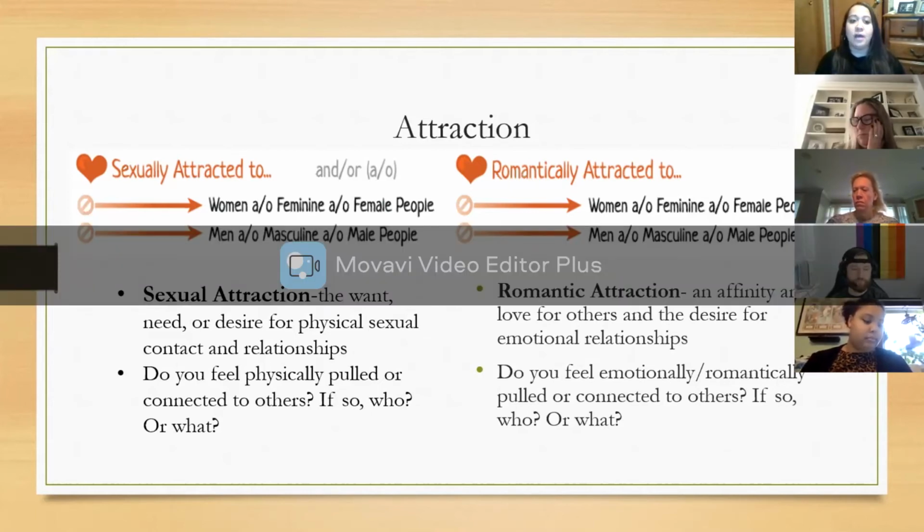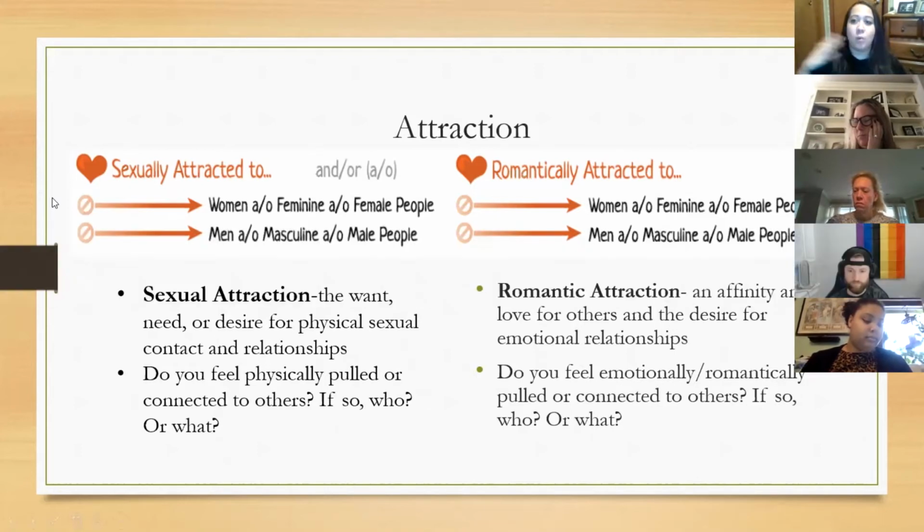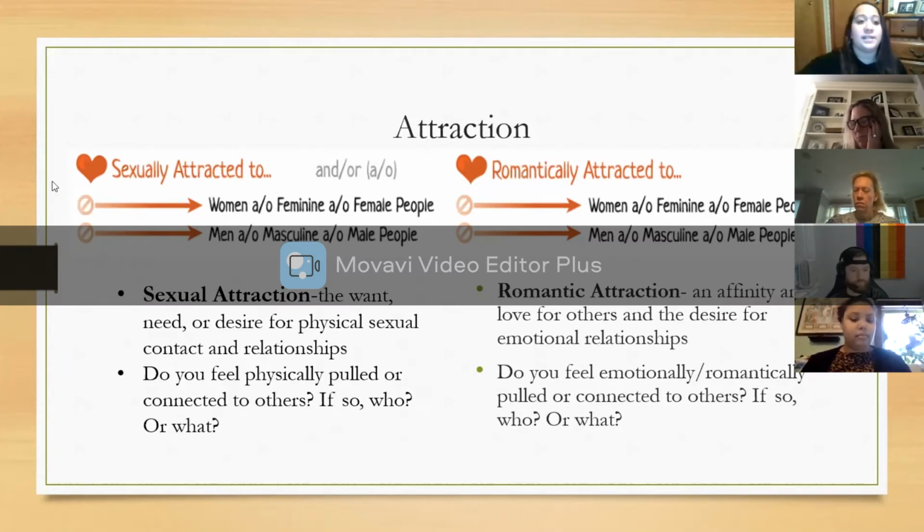Sexual attraction is that want, that need, that desire for physical, sexual contact and relationships. The spectrum up here looks at what or who you are sexually attracted to: women, a feminine presence, female people. You could be attracted to both. You might not be attracted to any, which is why, like I said, it goes from 0 to 100% and you just rank where you're falling.